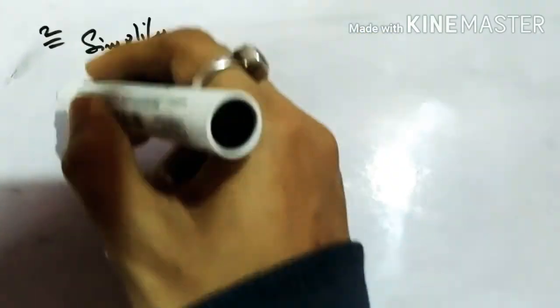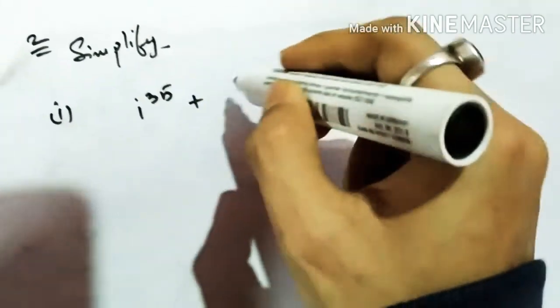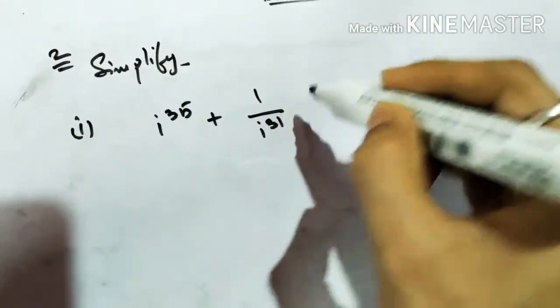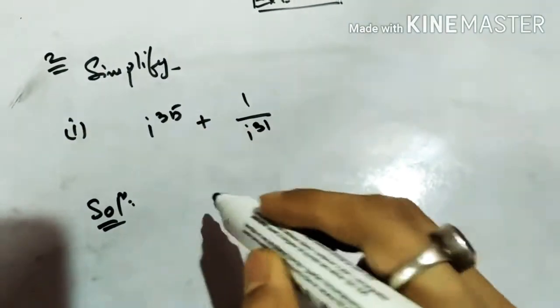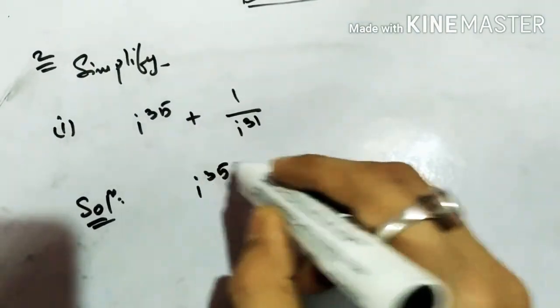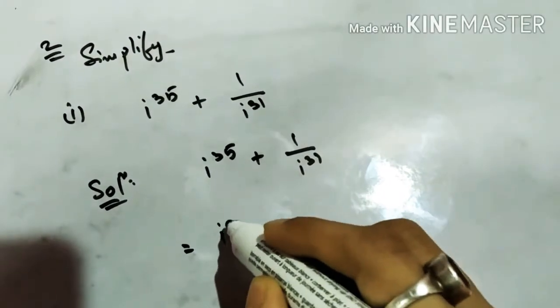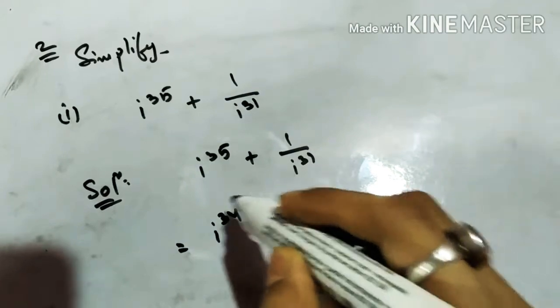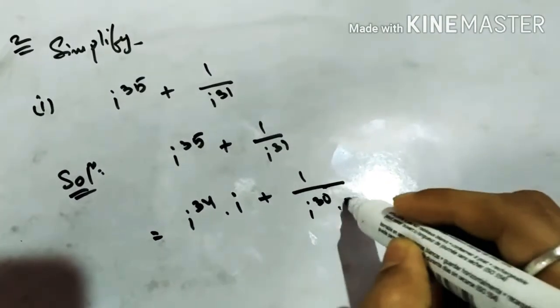Number 1: i to the power 35 plus 1 by i to the power 31. This I can write as i to the power 34 into i plus 1 by i to the power 30 into i.